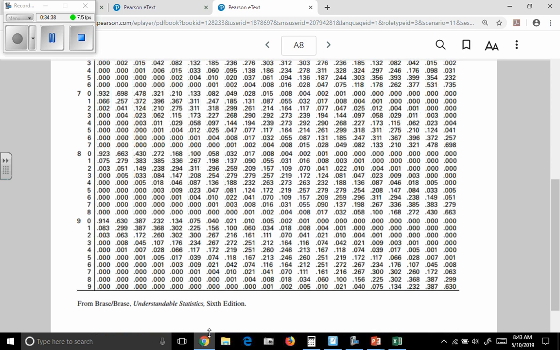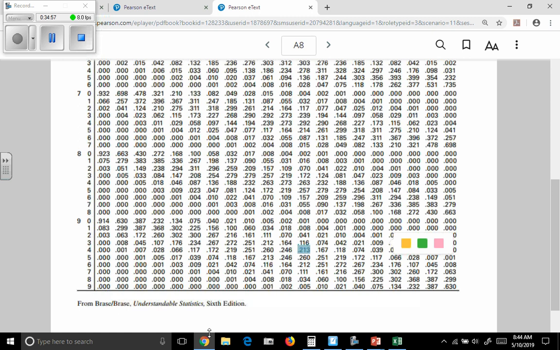So let's just look at this specific number here, 0.213. That is the probability that when p is 0.55, n is 9, and x is 4.